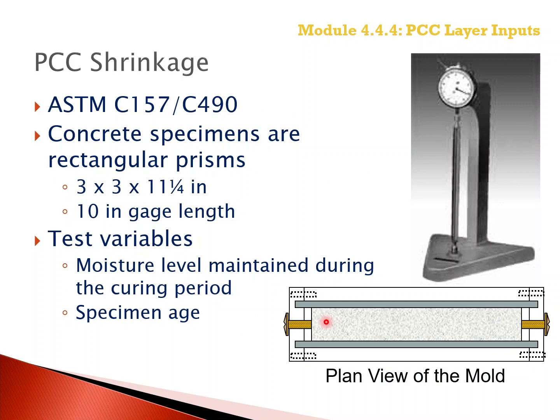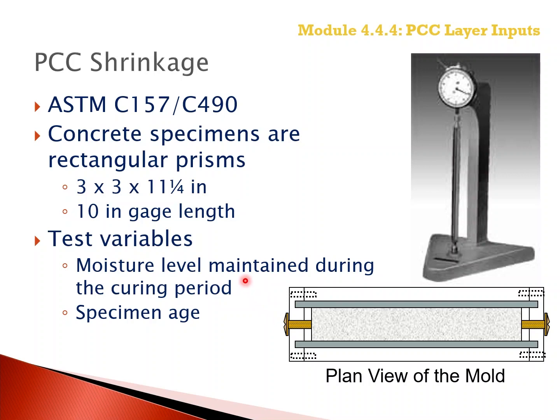This slide includes a schematic of the test procedure for the shrinkage. As a PCC test specimen loses water, the volumetric contraction of the specimen is monitored. As we discussed previously, the test procedure is not that practical, so the regression equation included in the PMED software is normally used to estimate the total PCC shrinkage.